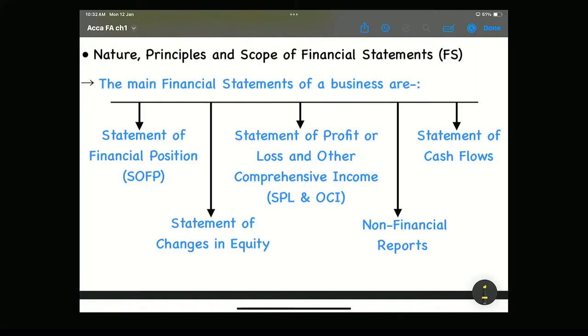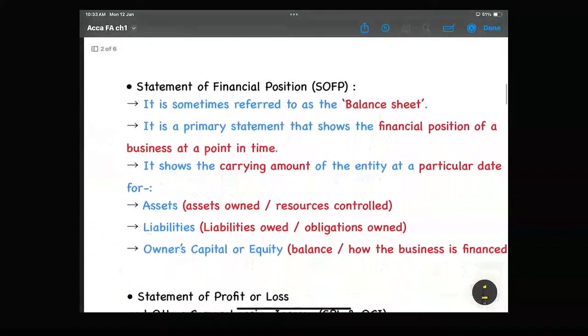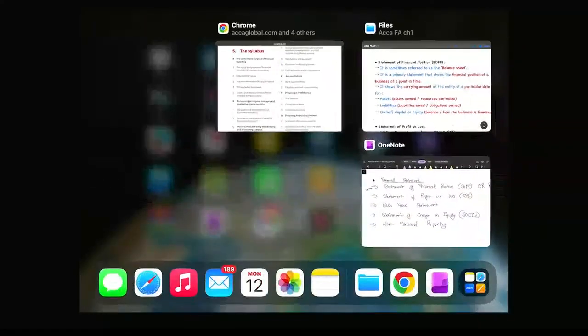Then we have the statement of cash flow, then the statement of changes in equity, and then non-financial reports. So this is all we are going to understand in this chapter. So let's start with the statement of financial position, which is called balance sheet also.